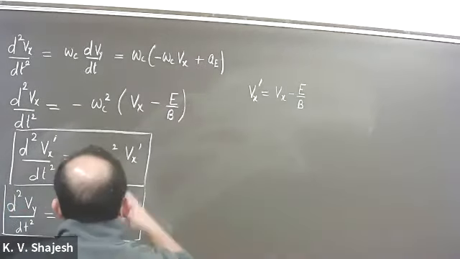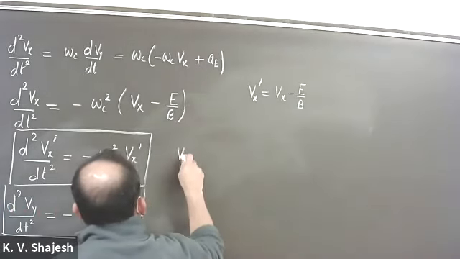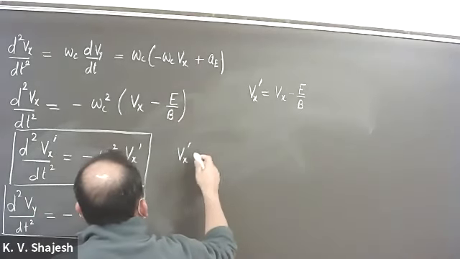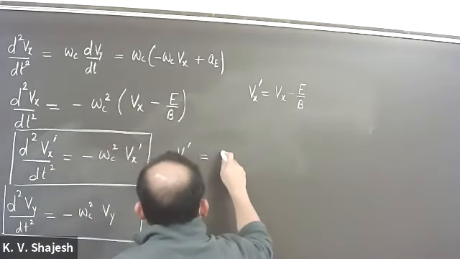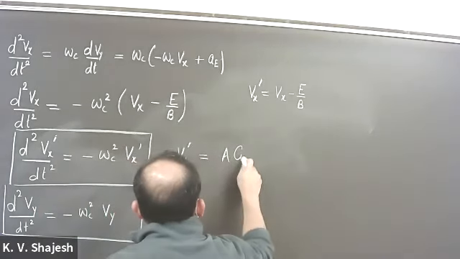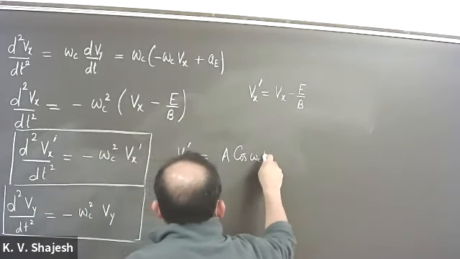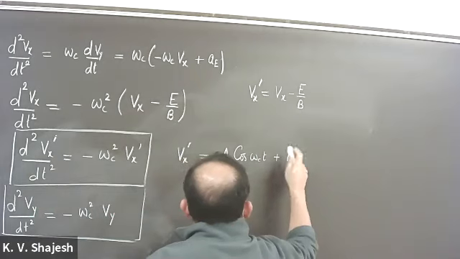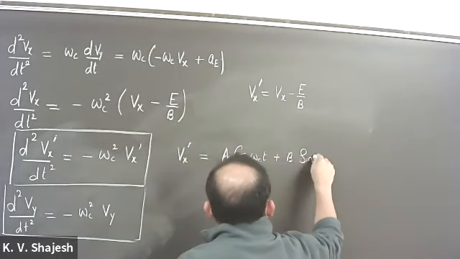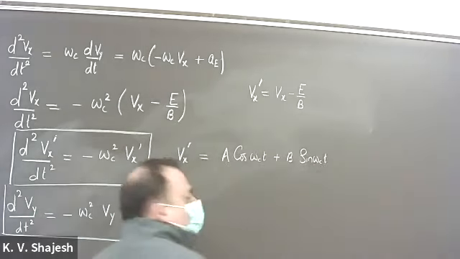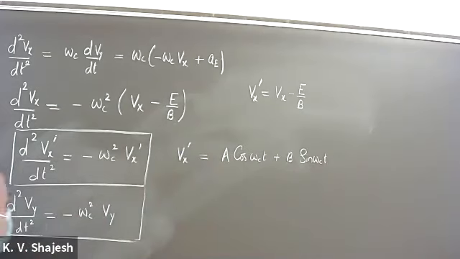We can solve this. This is Vx prime as a function of t. It can have two solutions: A times cosine omega c t plus B times sine omega c t.